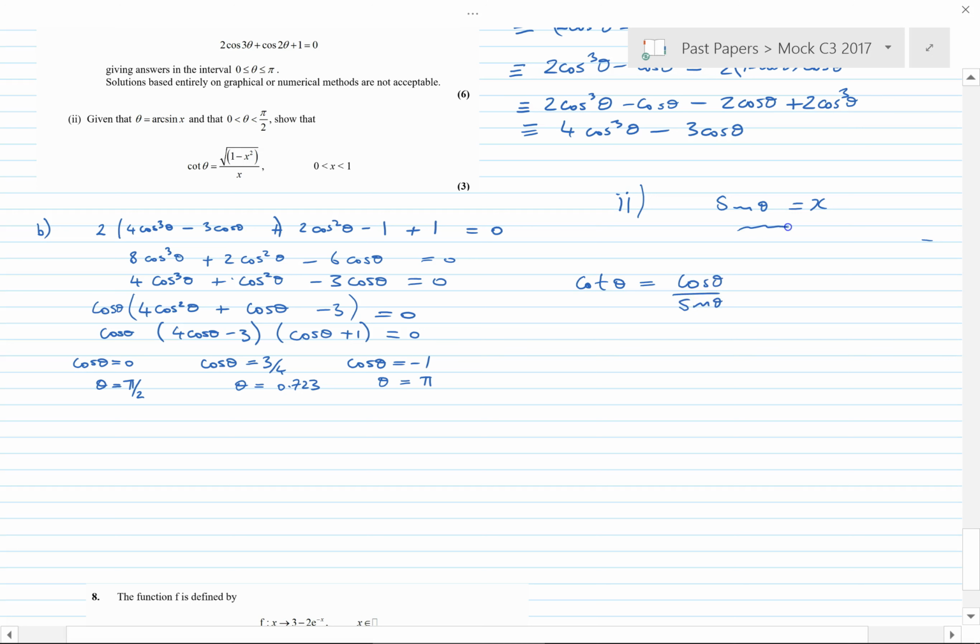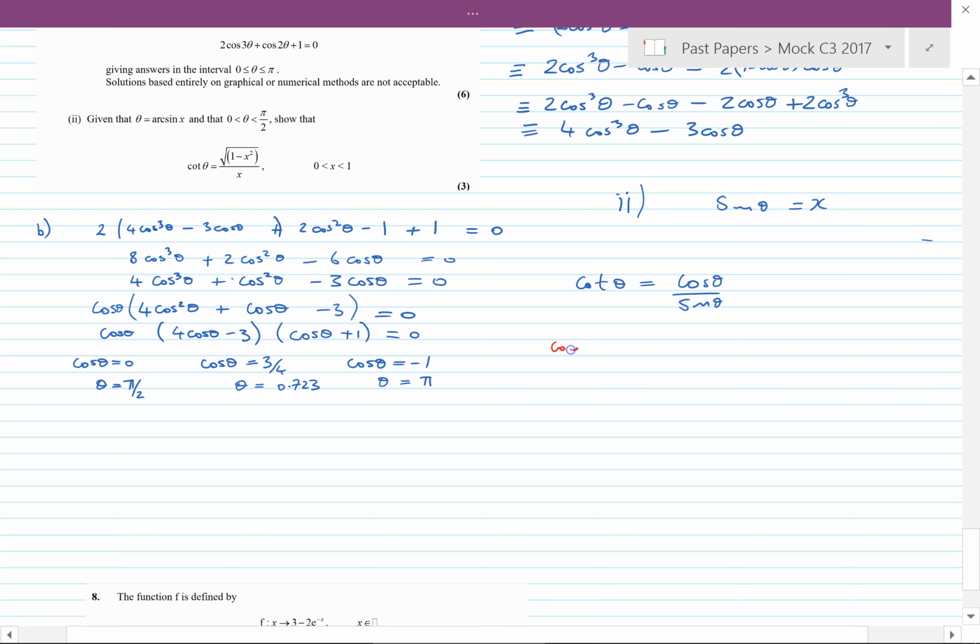We know that sine theta equals x, so we need to replace cos theta. Because cos squared theta plus sine squared theta equals 1, we know that cos squared theta is equal to 1 minus sine squared theta, and cos theta is equal to the square root of 1 minus sine squared theta.